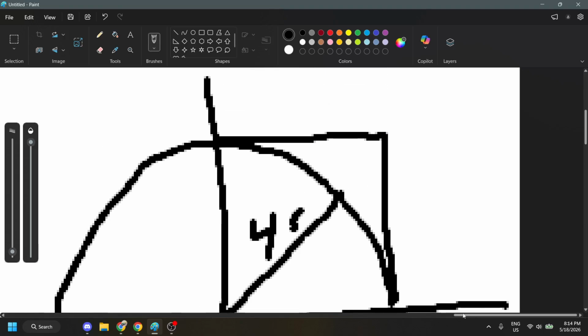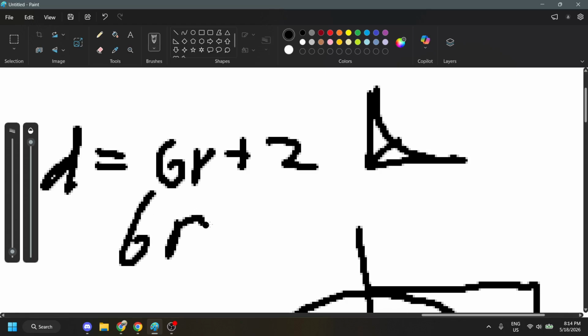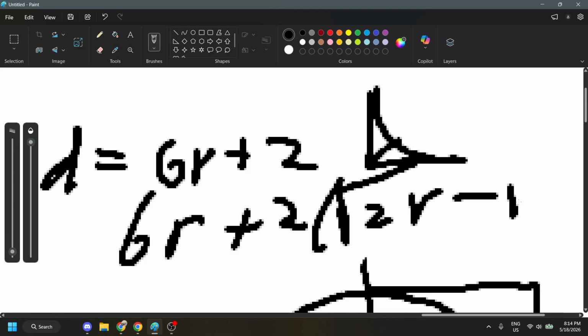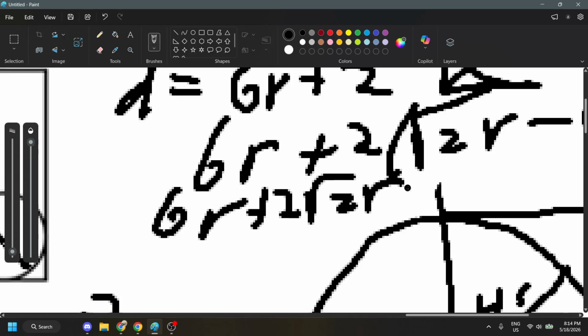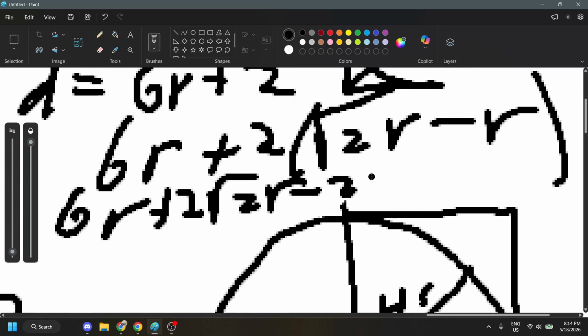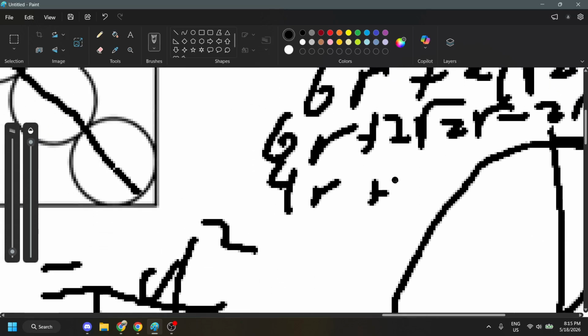Or I guess root 2r minus r. So d is 6r plus 2 times (root 2r minus r). So 6r plus 2 root 2r minus 2r, so 4r plus 2 root 2r.